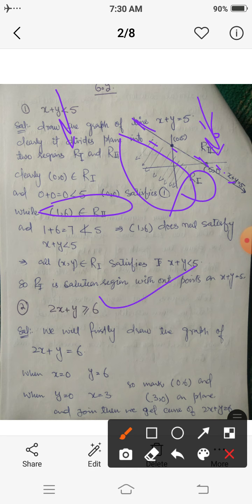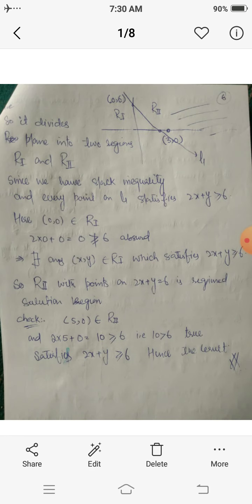Like here, if we consider 2x plus y greater than or equal to 6, firstly we will draw the graph of 2x plus y equals 6.